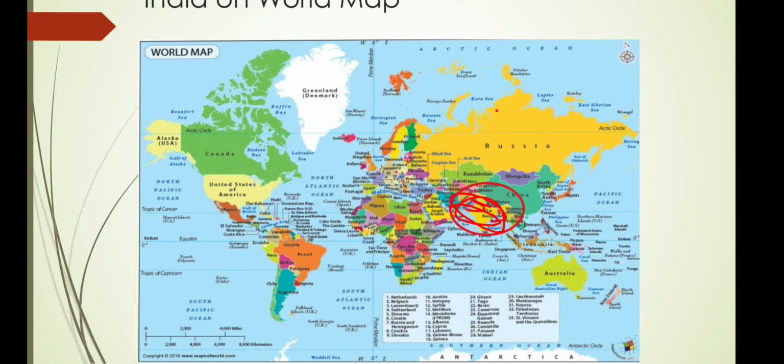Now from there we get the quick route to Europe, and we get connected, and we reduce a 7,000 kilometer distance, because of which trade became more prominent from this route. So this is one of the things which we should know.